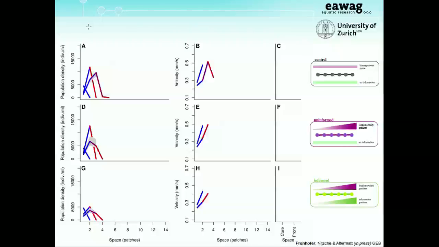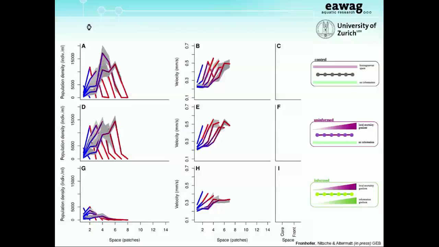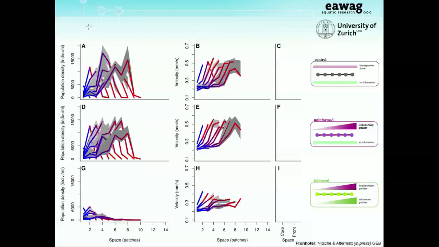Again, we see this pattern of increasing dispersal towards the range front in all 3 of those. We see this unimodal distribution here. And if we go forwards in the range expansion, the increase in dispersal seems to be very clear, the unimodal pattern as well. And here again, they seem to stay in the range core and not expand very much. So that fits pretty well with our expectations.